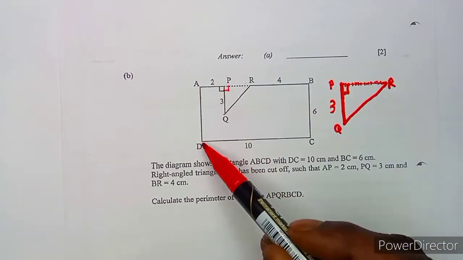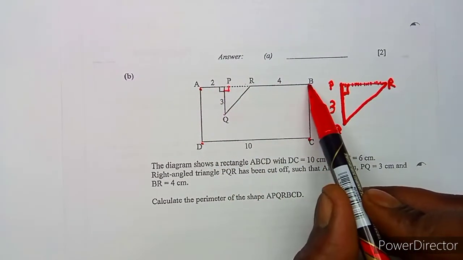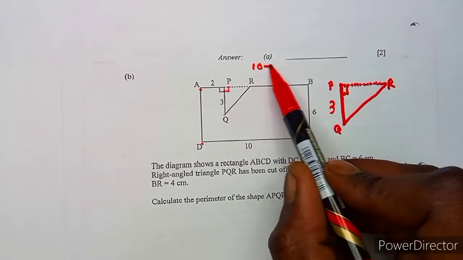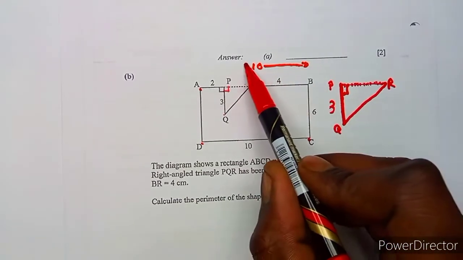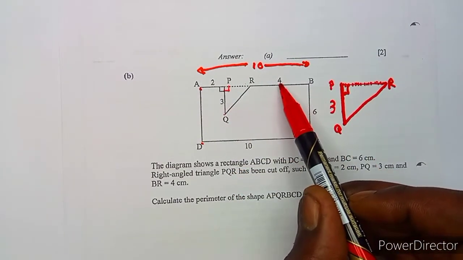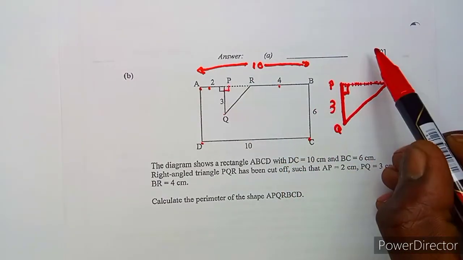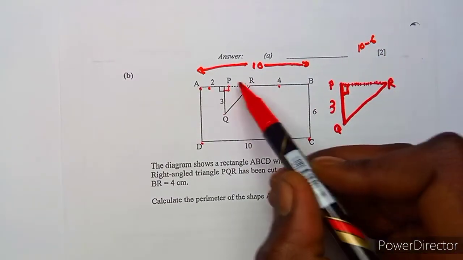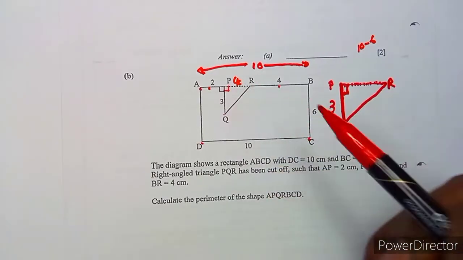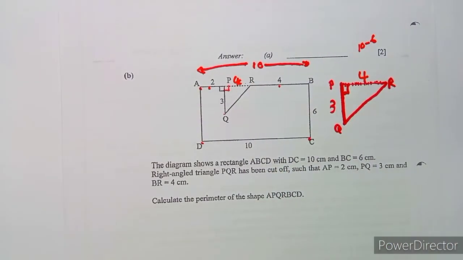Because we know from D to C is 10, which means from A to B it's also 10 here. So if this is also 10, because this is a rectangle, I'm just going to add 4 plus 2, which is 6, and 10 minus 6 is 4. So which means this is 4 centimeters. Okay, so this is 4 centimeters.